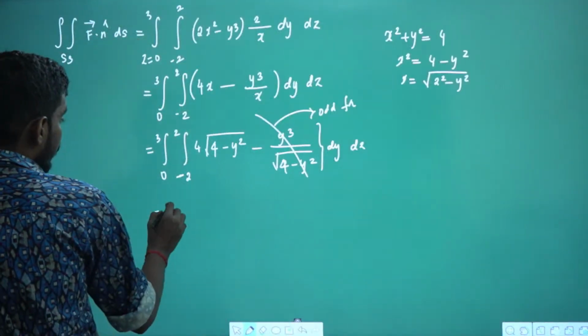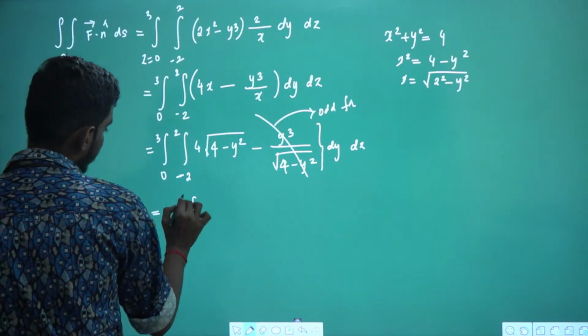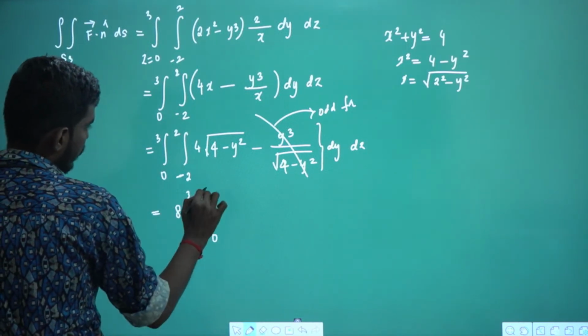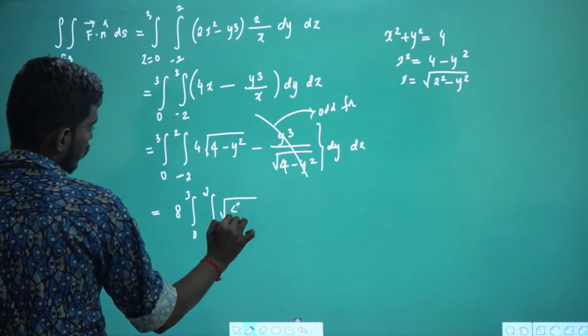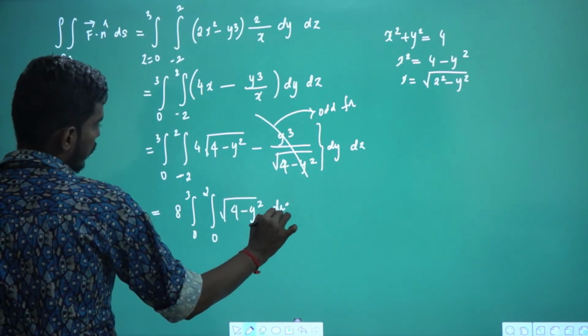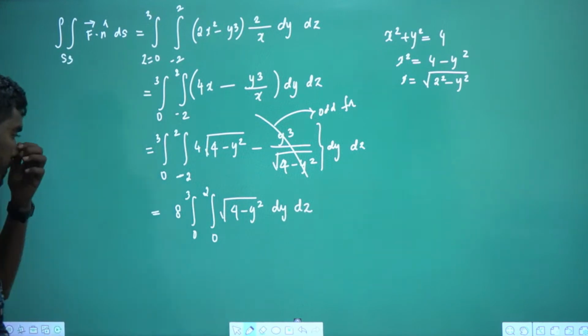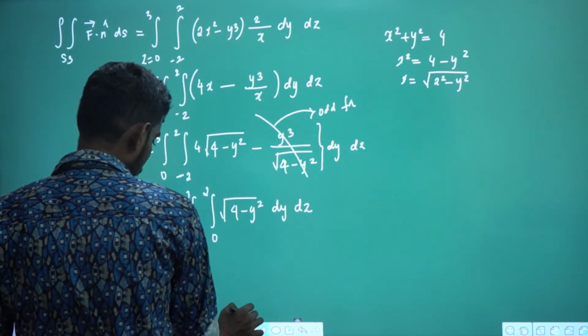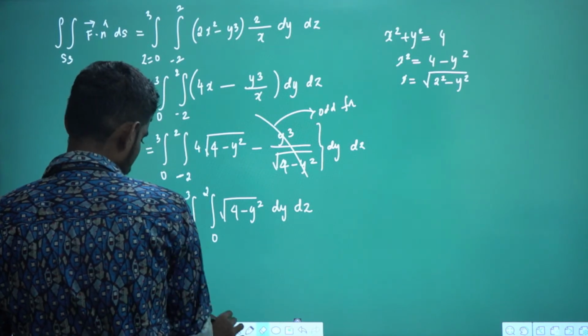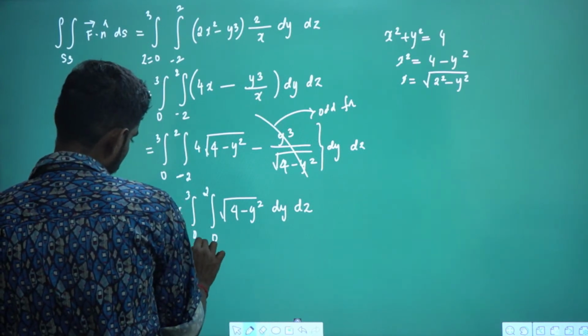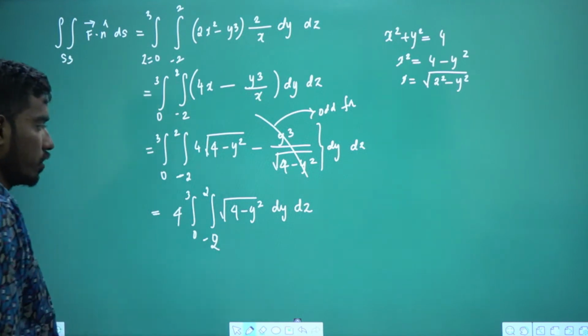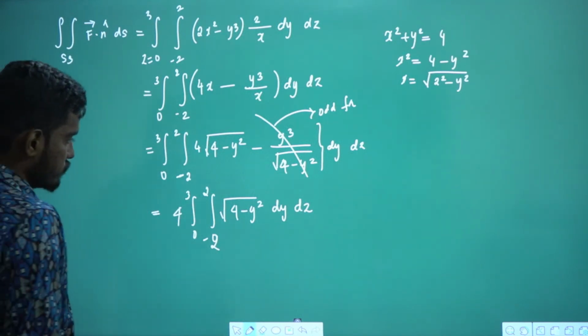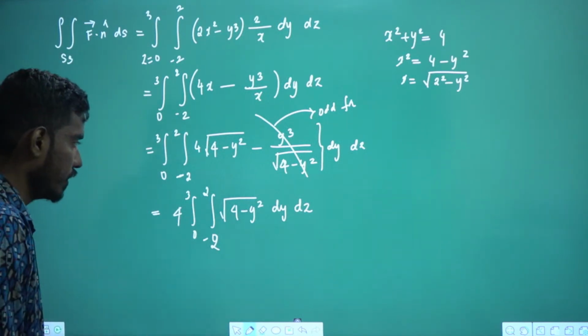So I can write this as 8 times integration of 0 to 3, integration of 0 to 2, root of 4 minus y square dy dz, right? Or you can also keep this as minus 2 to 2. Now we need to evaluate this, right?